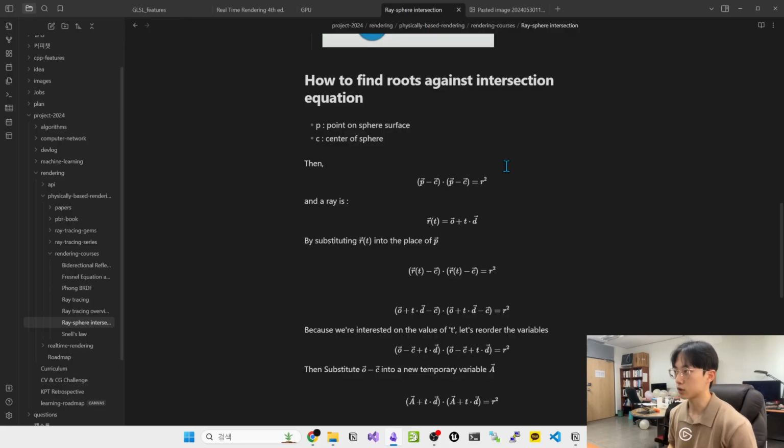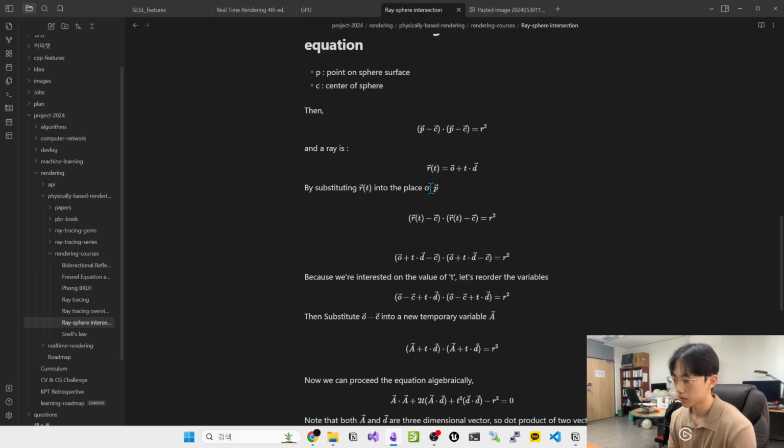The last thing is to find the roots of the intersection equation with the given information. What we know is the equation of the sphere and the ray equation, and we know the origin of the ray and the direction of the ray.